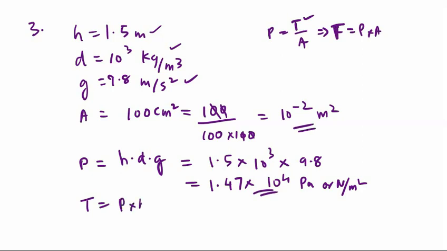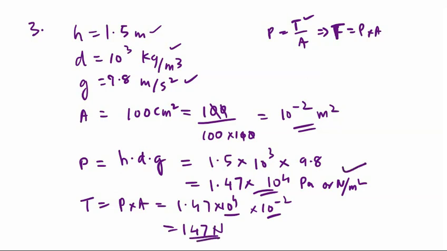P into A is equal to 1.47 into 10 to the power of 4 times 10 to the minus 2. So 10 to the minus 2 and 10 to the plus 4 gives you 10 squared. So that's equal to 1.47 into 100, which is 147, and thrust unit is Newton. So there are your two answers: for pressure 1.47 into 10 power 4, and for thrust it is 147 newtons.